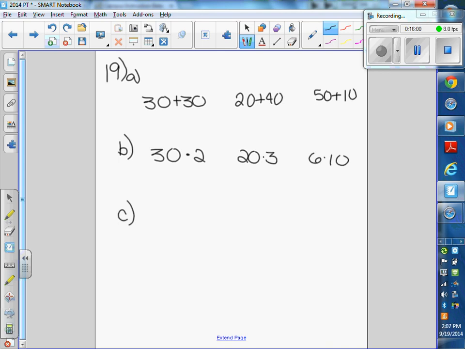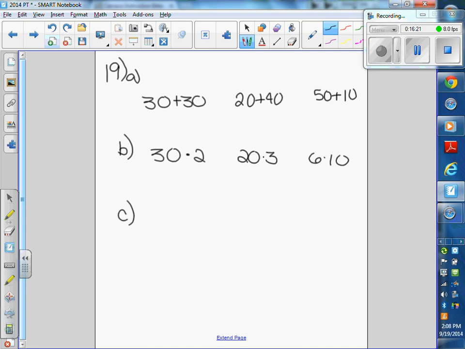What they were saying is, find a way to get 60 with multiplying one factor of 60 by the sum of another factor written as a sum.